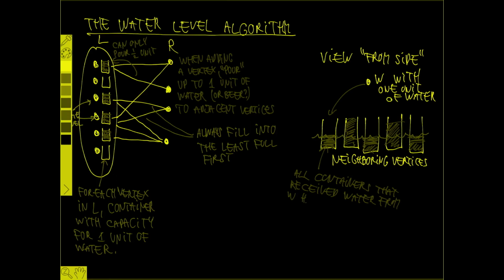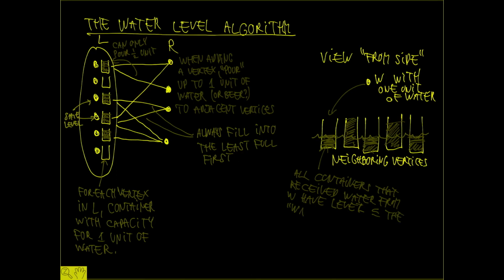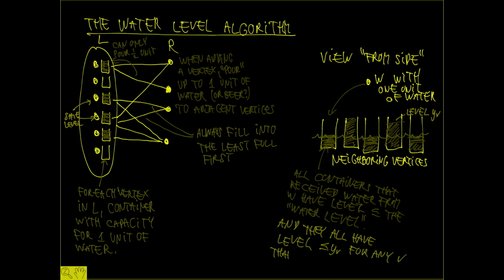So all containers that have received water from W are going to have the same level, which is equal to the water level. So if there's some container with a higher level, let's call it YV, it won't have received any water. And in particular, this means that all the neighbors that received water have a level less than or equal to YV at the end of the pouring from W.